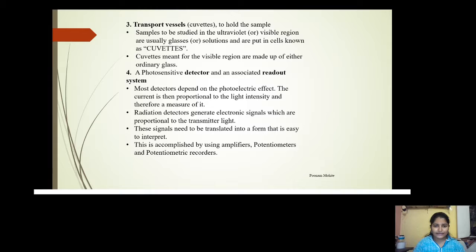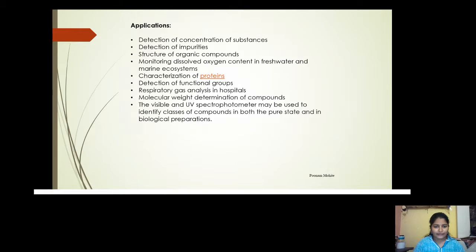Radiation detectors generate electronic signals which are proportional to the transmitted light. These signals need to be translated into a form that is easy to interpret. This is accomplished by using an amplifier, potentiometer and potentiometric recorder. So this is about the parts of the instrumentation.